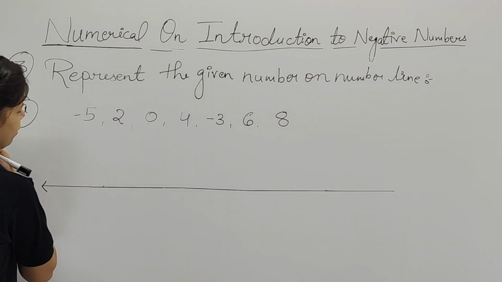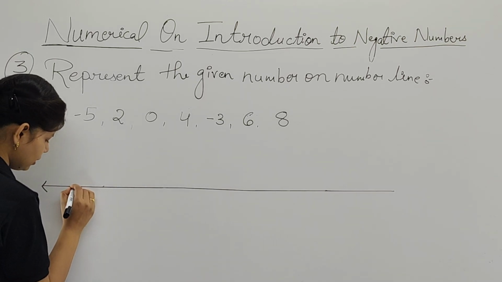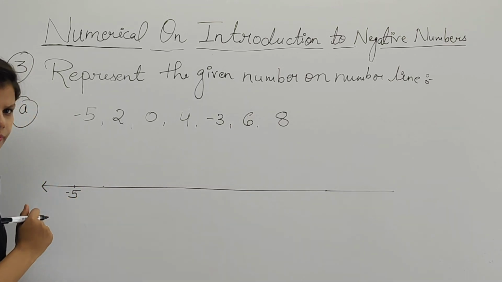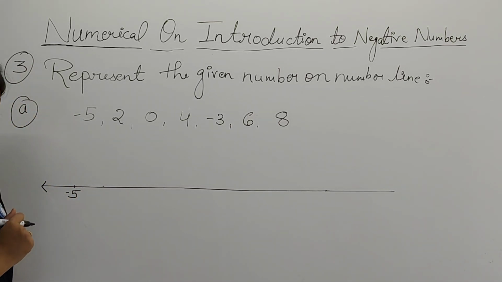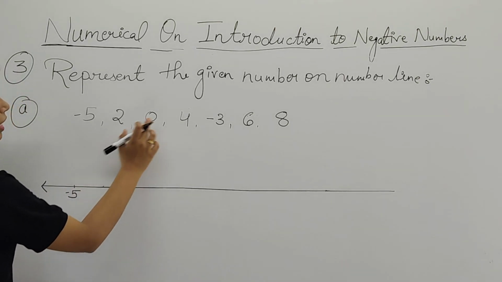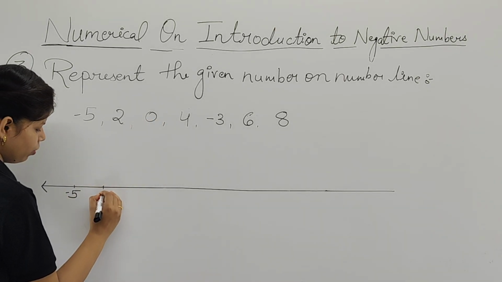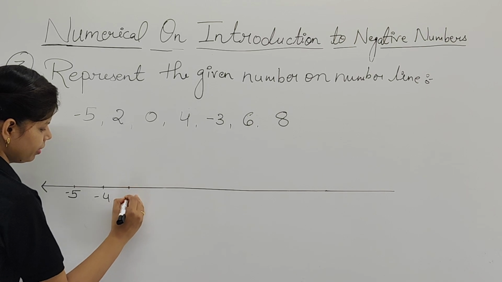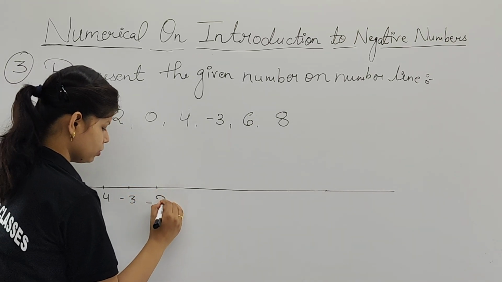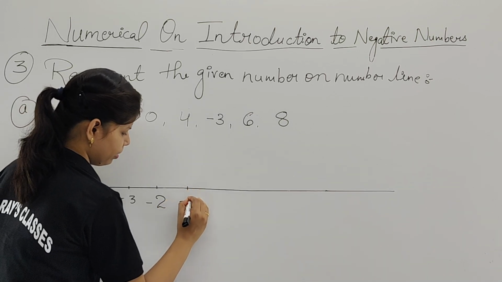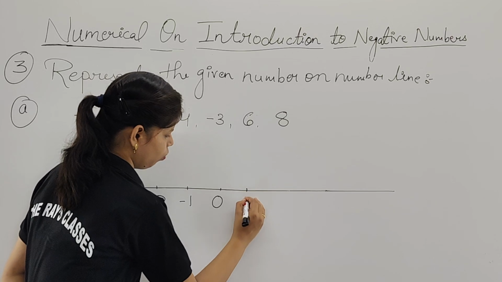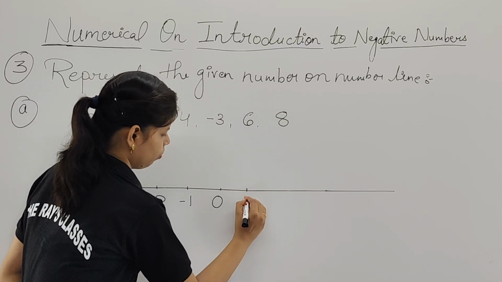So we are going to decide, because the last number is what? The last number is -5. So I'm going to write here first -5. Clear? The first number of ours is what? -5. Now next, we are having in reverse -4, then we are having -3, then -2, then -1, here we are having 0, then we are having 1.